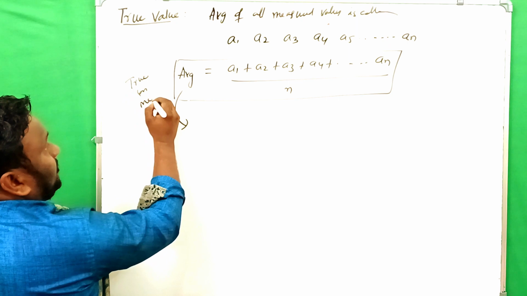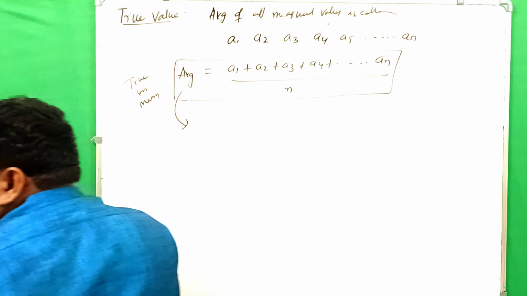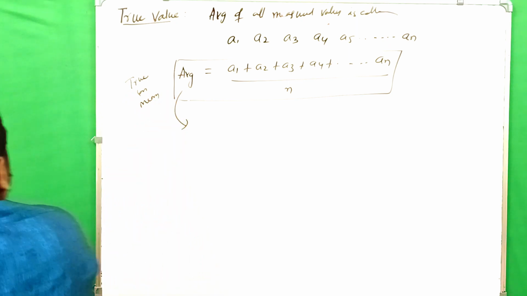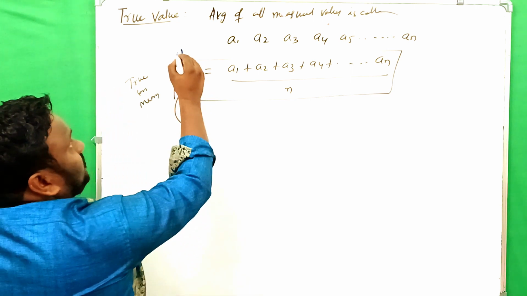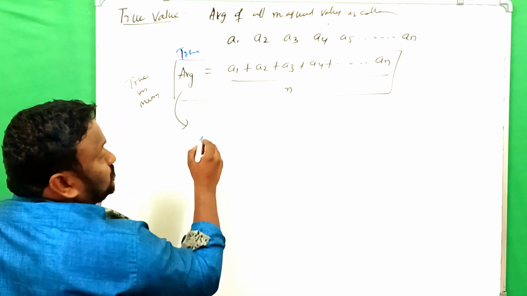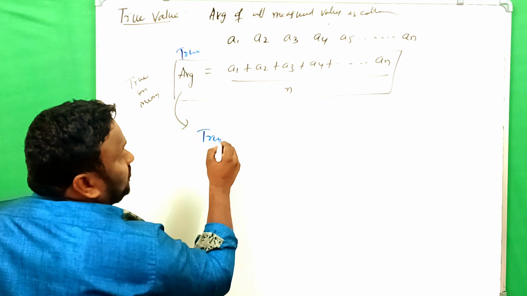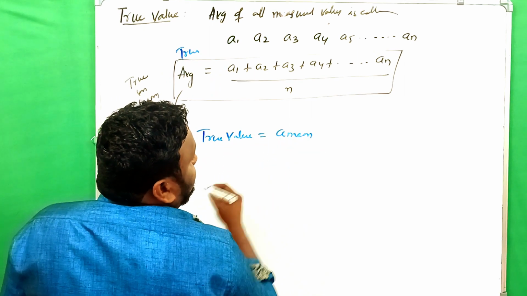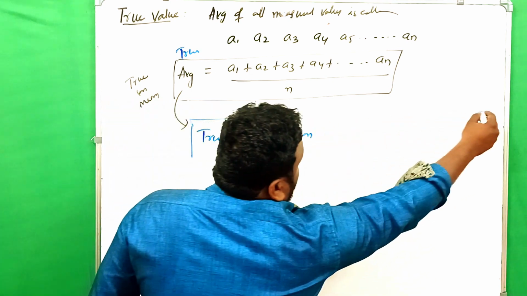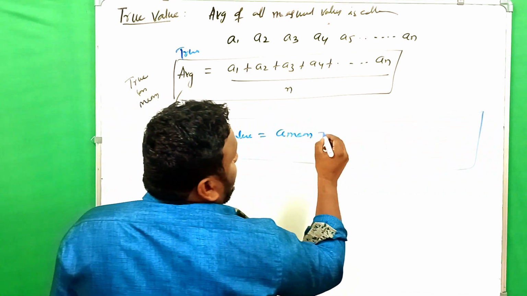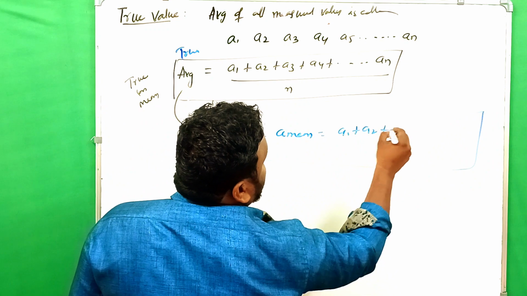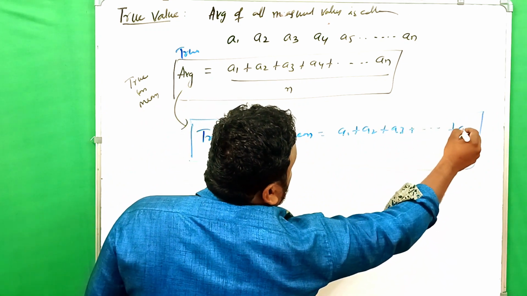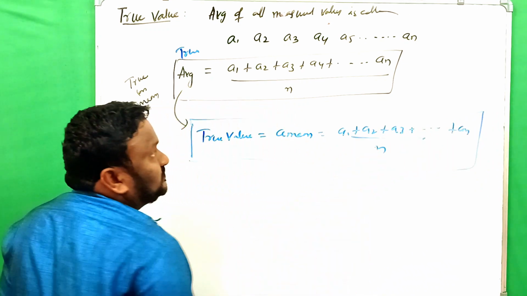True or mean value. Clear? So true value is equal to A mean, which is equal to A1 plus A2 plus A3 plus and so on up to An, by N.